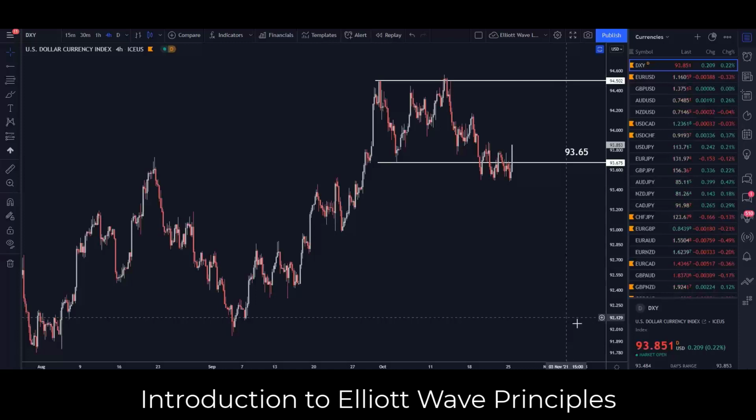Elliott wave itself is a very complex and sophisticated strategy, or even as a method of analysis, it's pretty complex. But today we won't go into super detailed things in terms of labeling or Fibonacci.